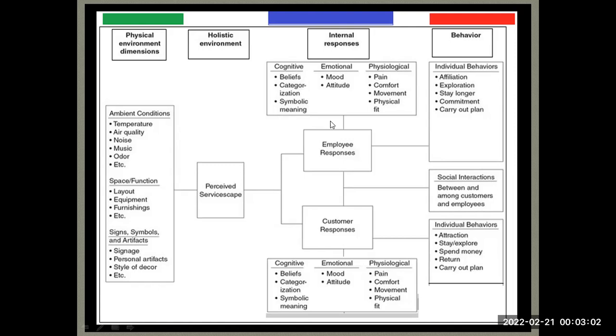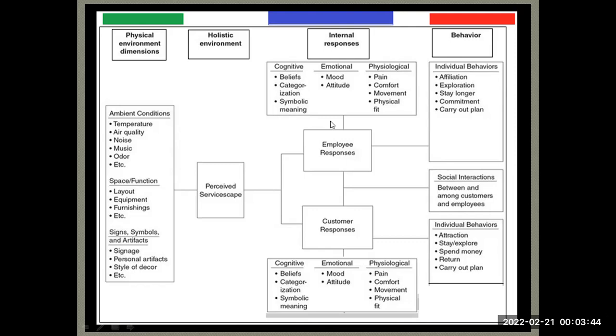Then similarly, the customer will also give internal responses. The customer will also have a belief about the organization: whether purchasing from this organization is good and beneficial for me, or it will be costly for me, a benefit or a loss. Then the customer will start categorizing this organization as good in quality, ordinary in quality, or bad in quality; costly in price, at par with others, or selling products at a cheap price.